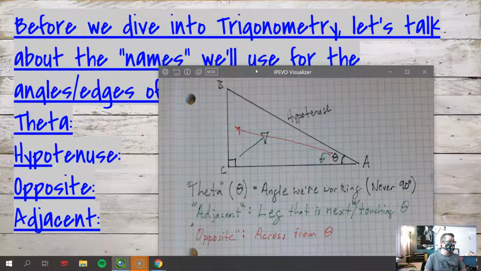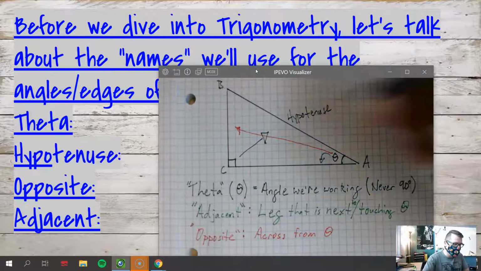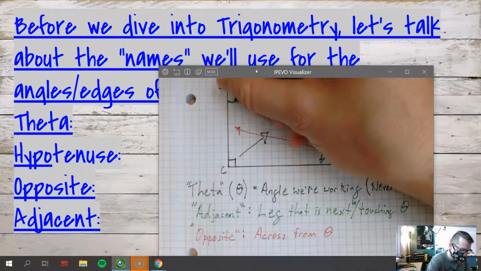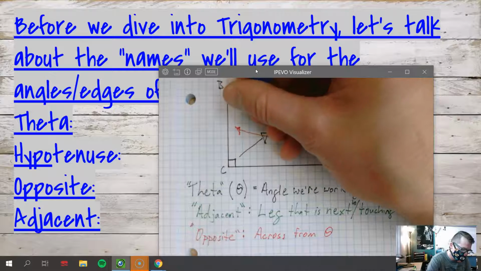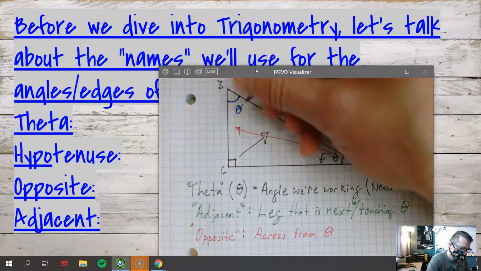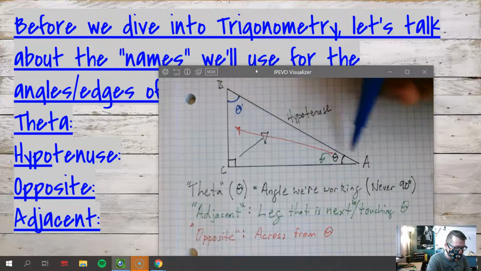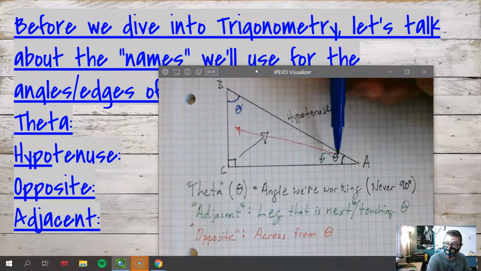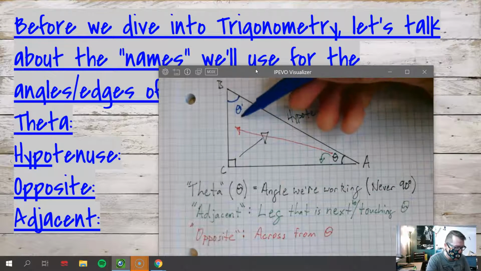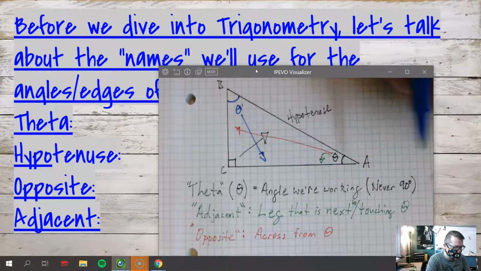So here's where it gets darn tricky. If B was our theta, and please don't write this because then it would change your notes, so I'm going to say theta prime, so a different theta. Now AC, which was our adjacent side, now it would be the opposite side.